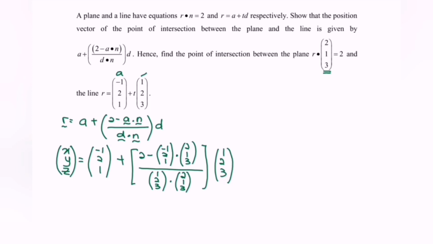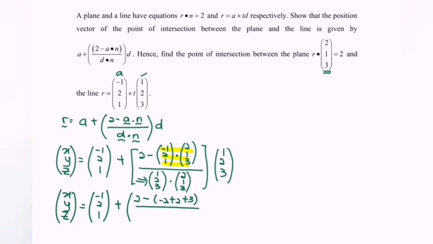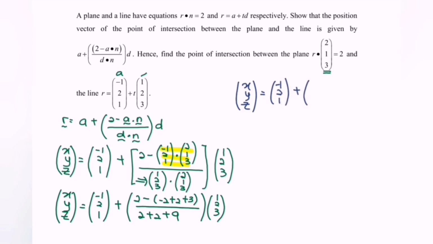So kindly focus on this part. (x, y, z) equals (-1, 2, 1) plus the bracket 2 minus the dot product. We will have -2 plus 2 plus 3 for a dot n, over d dot n, which is 2 plus 2 plus 9, multiplied by (1, 2, 3). Simplify: (x, y, z) equals (-1, 2, 1) plus the bracket.